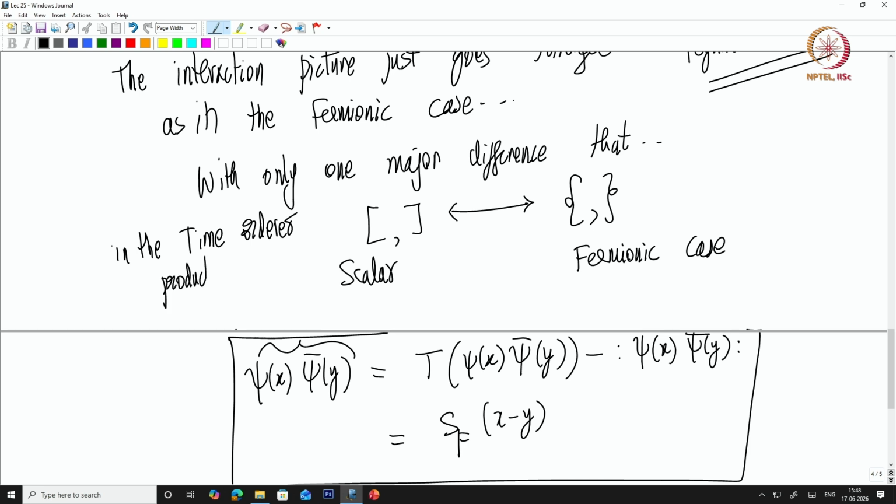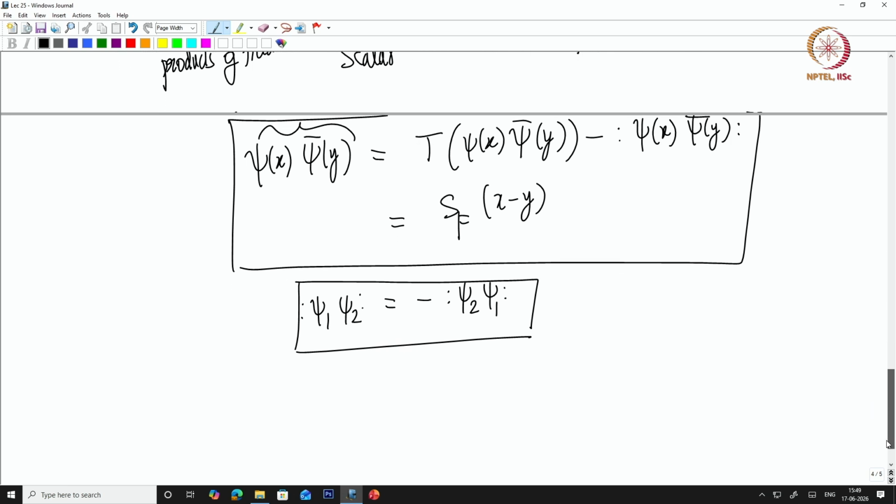What it means is that all the scalars commute inside the time ordered product, whereas the fermions anti-commute, and because of this anti-commutation they pick up a minus sign, but the overall relation that the contraction, the Feynman propagator of the Dirac field, is equal to the time ordered product minus the normal ordered product stays true.